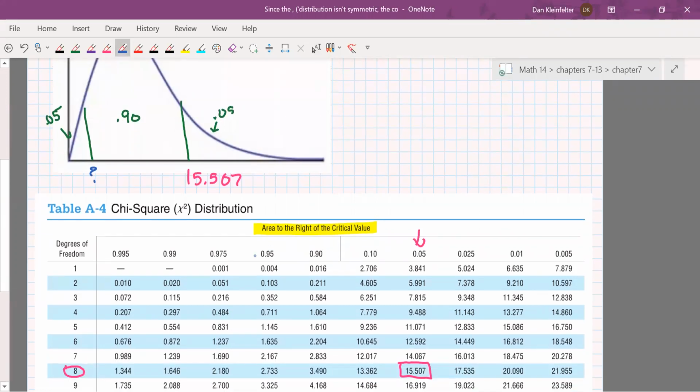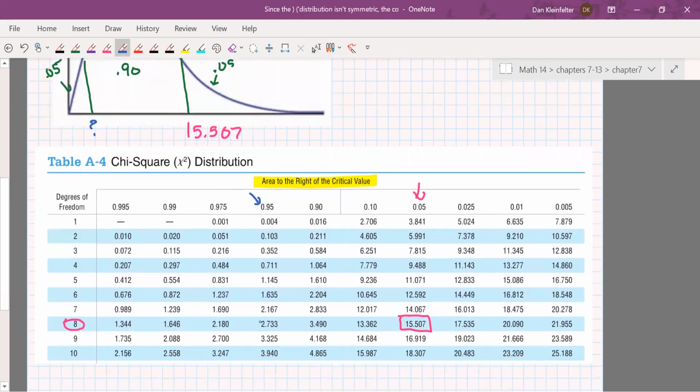So we'll look in the column marked 0.95 and go down to the same number of degrees of freedom, 2.733. And that will be our chi-squared left. And the 15.507 was our chi-squared right.